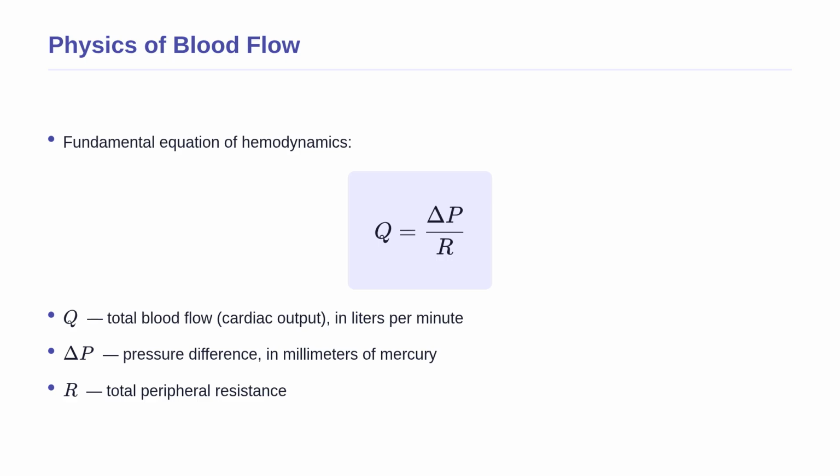Delta P is the pressure difference created by the heart, measured in millimeters of mercury. R is the total peripheral resistance, the physical friction in the vessels. If the heart pumps harder, pressure increases and flow increases. If vessels constrict, resistance increases, drastically decreasing the flow.